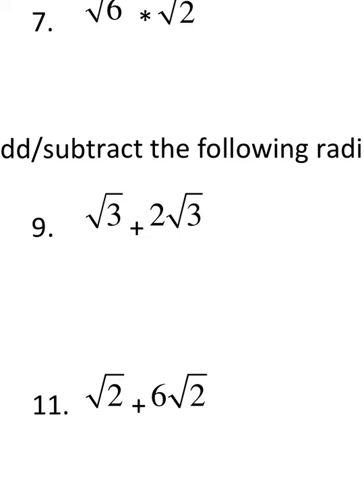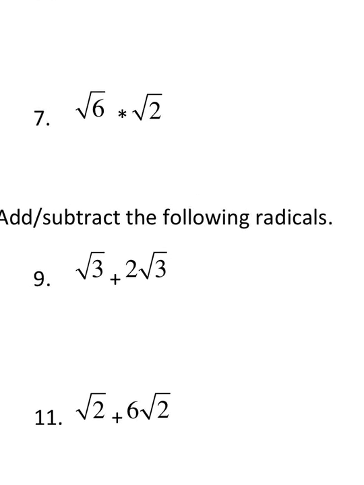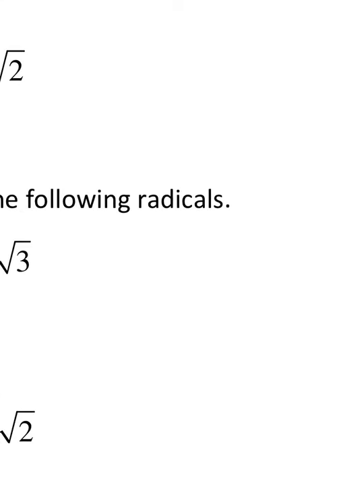And actually, we're not doing anything to the radical itself. So before we jump into that, let's look at this. If I had 3x plus 4x, remember, I'm just adding the numbers in front of the x, and I would get 7x.